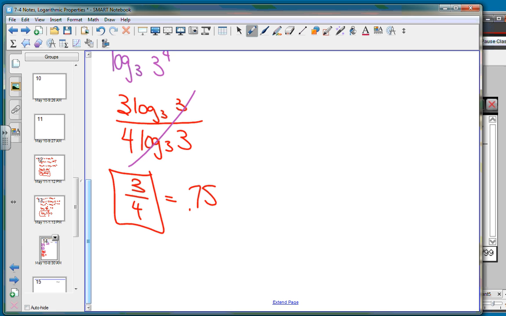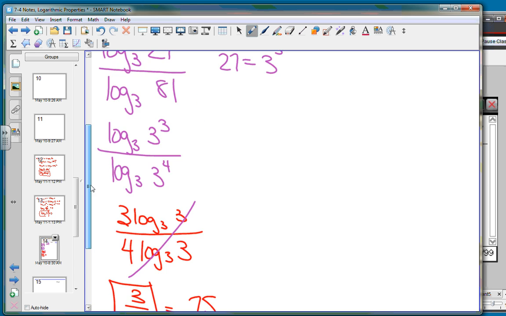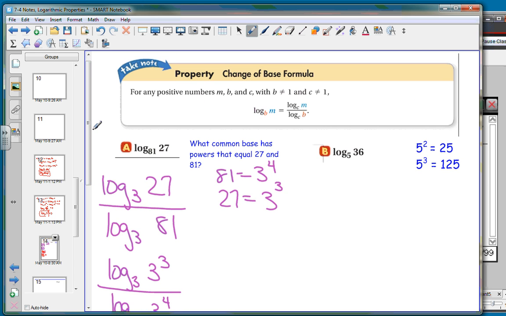Now, is that beneficial for us? Absolutely, it is very beneficial because we can calculate that without any problems. Okay? Now, look at this one over here, log base 5 of 36. Is that going to be very easy to do? Well, 5 is simply 5 to the 1st. 5 squared is 25, and 5 cubed is 125.